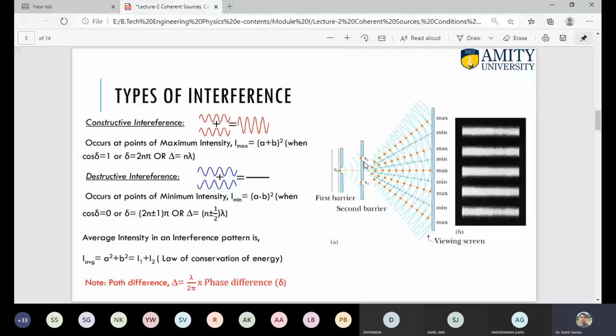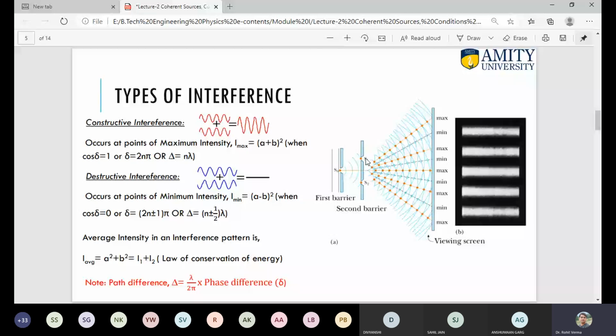You know that Huygens has described that from each and every point of the wavefront, secondary sources of light can be originated, and those points he has denoted as secondary wavelets.